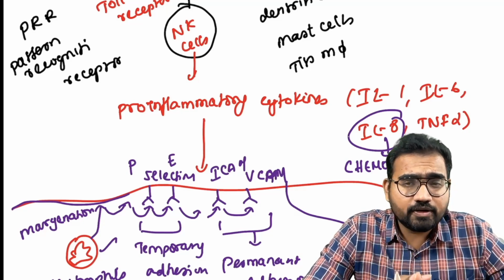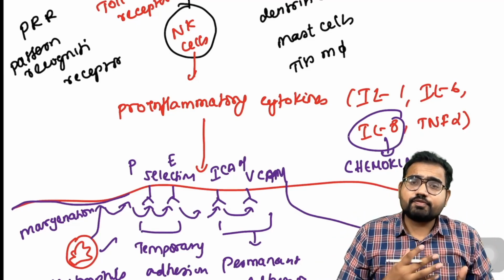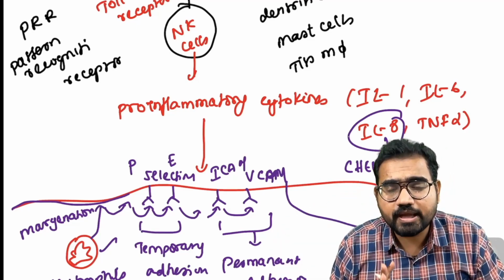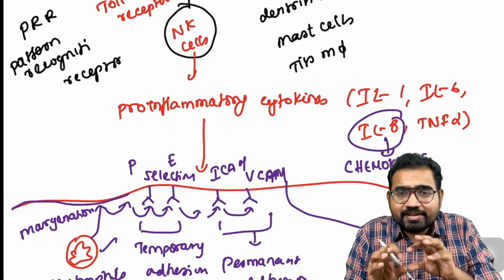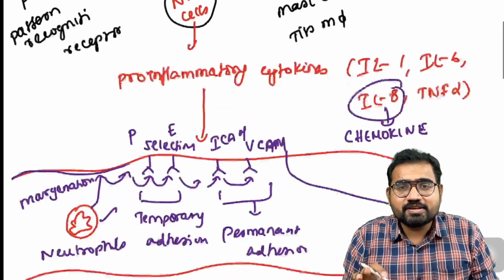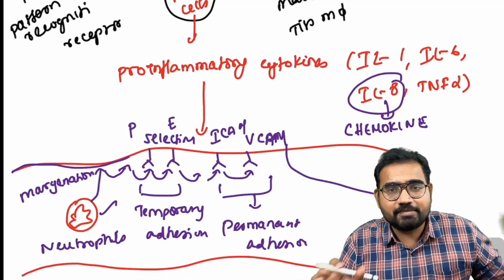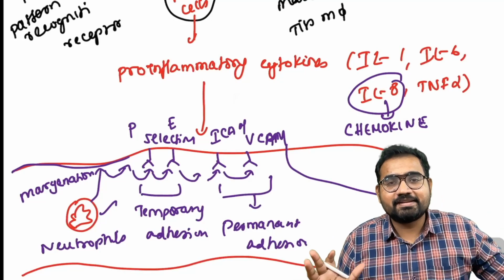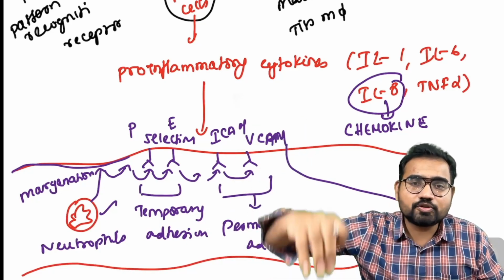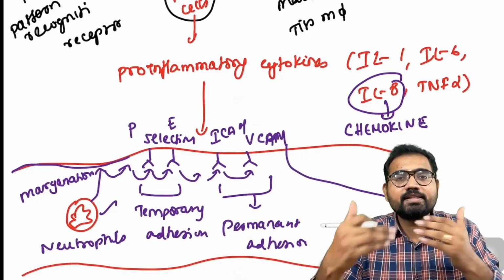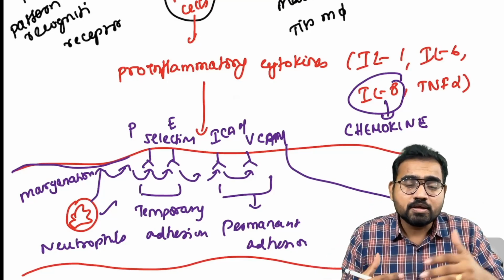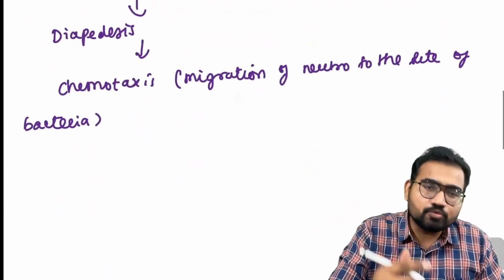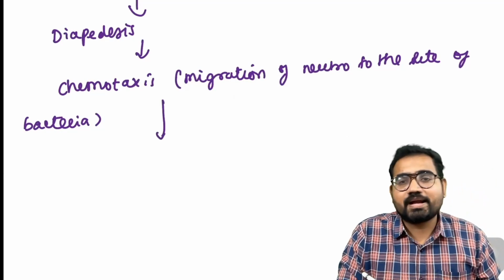The function of interleukin 8 is, once the neutrophils come out by diapedesis, to give signals to the neutrophils: come, I'll take you to the enemy, like a vehicle. The neutrophil receives the information from interleukin 8, which is a chemokine, and slowly moves towards the site of bacteria.